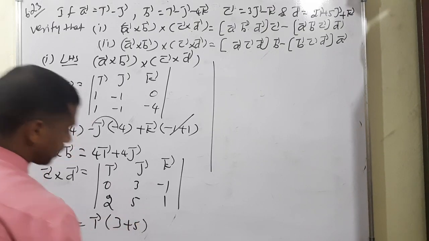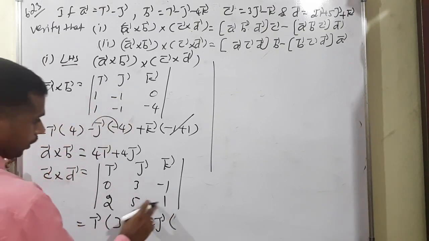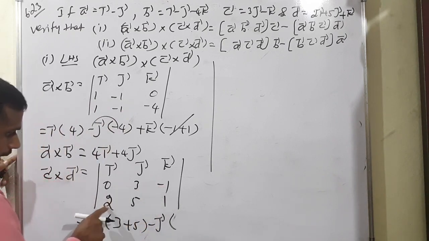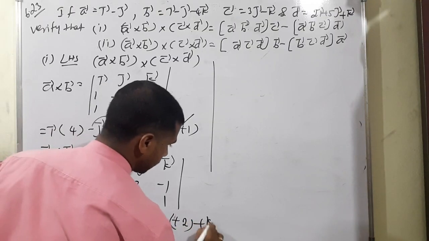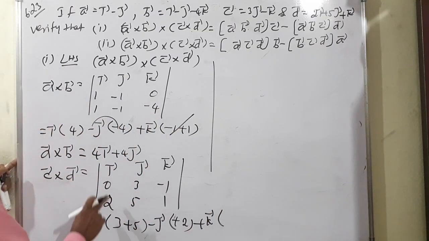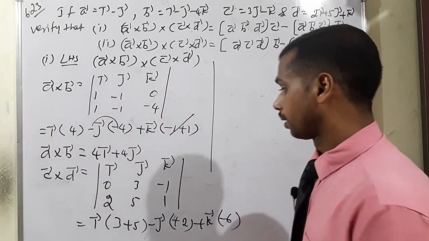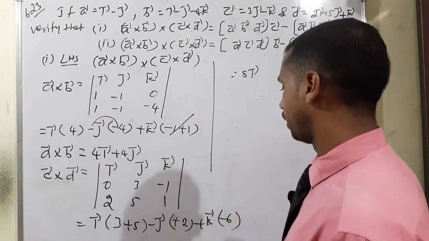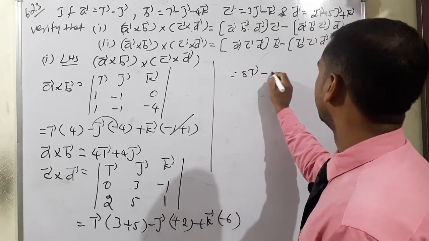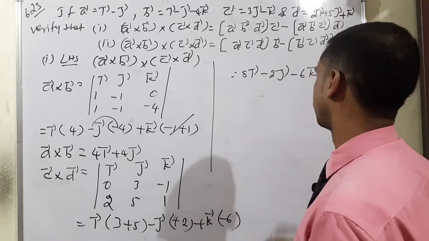Cross multiply means positive 5. Next one, minus j vector means 0. Cross multiply means minus 1 into 2 minus 2. We can write it positive 2. Then plus k vector means 2 3s are 6. So, minus 6. So, 3 plus 5, 8. Therefore, we can write it 8i vector minus 2j vector. Last condition minus 6k vector.